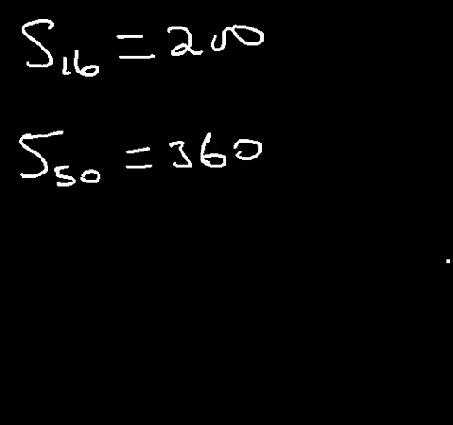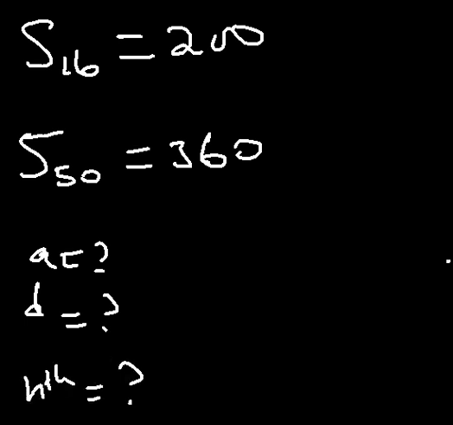Now the question says find the first term, common difference, as well as the nth term formula for that particular progression series. So how should we be able to have that?